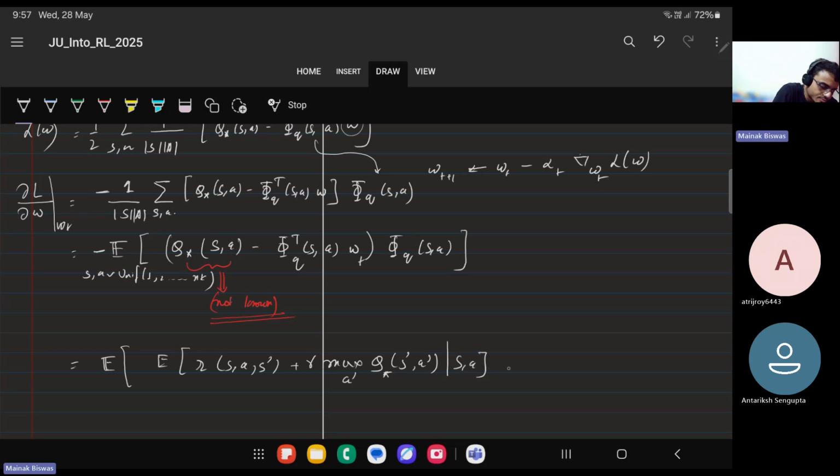Yes or no? Yes. Okay. I just wrote the Bellman optimality equation.